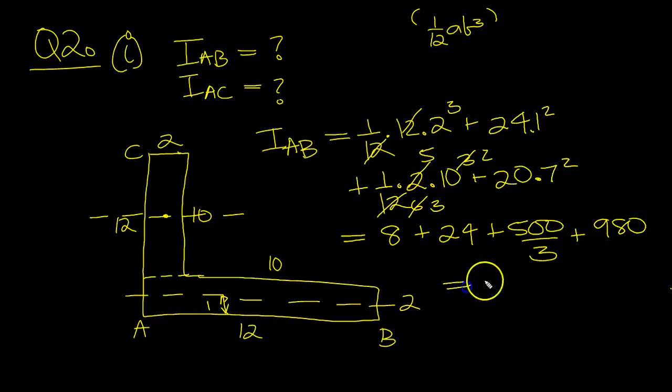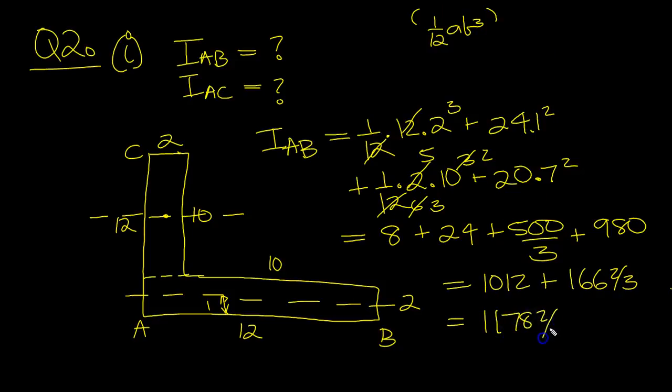So we've got 980, 1004, 1012, plus 166 and 2/3, which is 1178 and 2/3. And that's IAB.